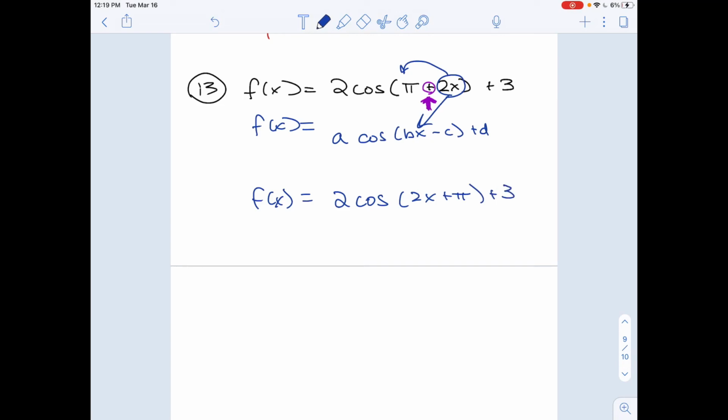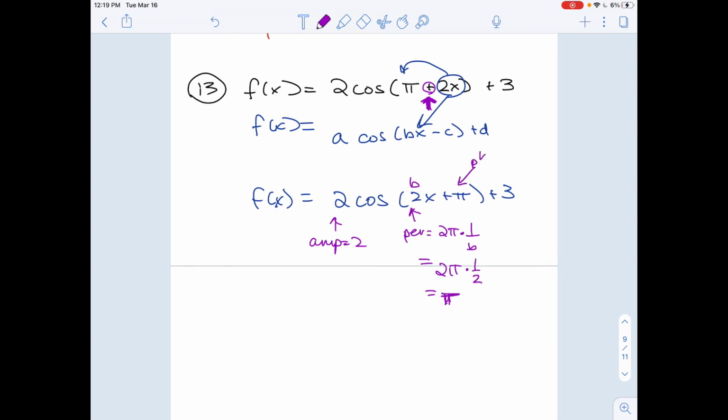Okay, so let's go ahead and label all the different changes. And this one has many. So I know that the amplitude is now 2. The period for cosine is normally 2 pi, but we're going to multiply it by 1 over the value of b, which is really 1/2. Okay, so 2 pi times 1/2 is pi.